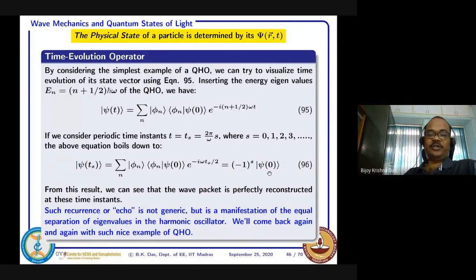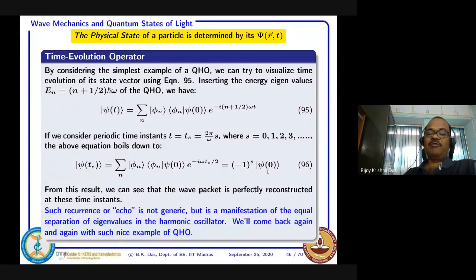If you just try to visualize that, I am just looking at every interval of time Ts, and at every interval of time Ts, I see that it will be either minus amplitude with the kth vector or plus amplitude with the kth vector.